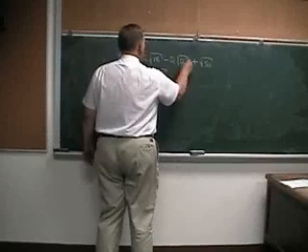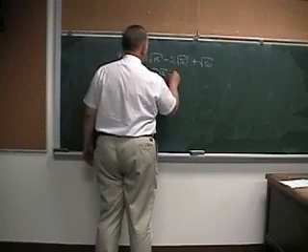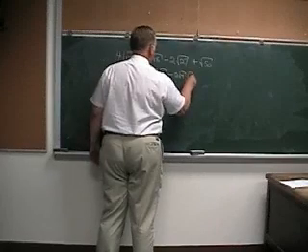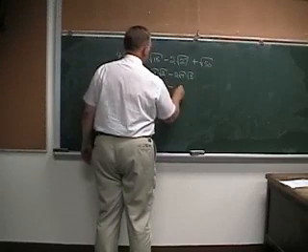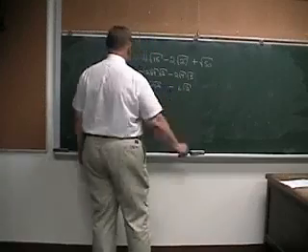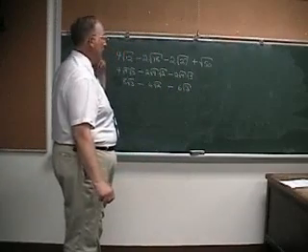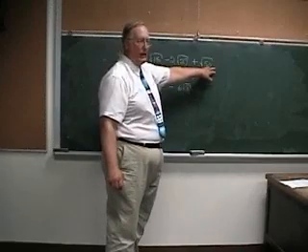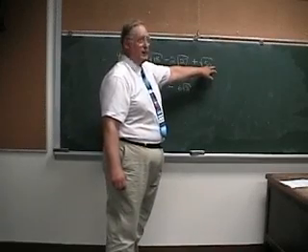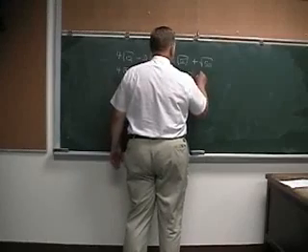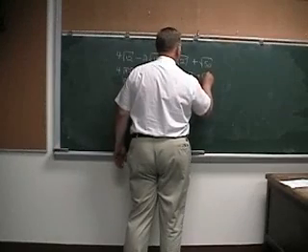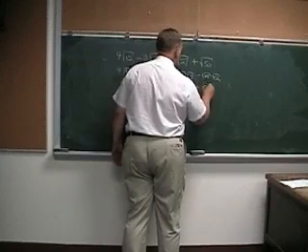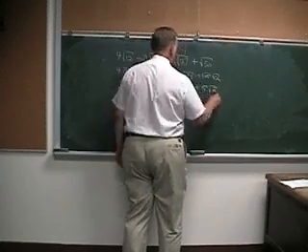The next one, we've already dealt with that one, so I'll do that again fairly quickly. 2 square root of 9 times the square root of 3, which is 6 square roots of 3. And the last one we haven't dealt with, what's the biggest perfect square that will divide into 50? 25. Good, good, good. So we've got the square root of 25 times the square root of 2, which is 5 square roots of 2.